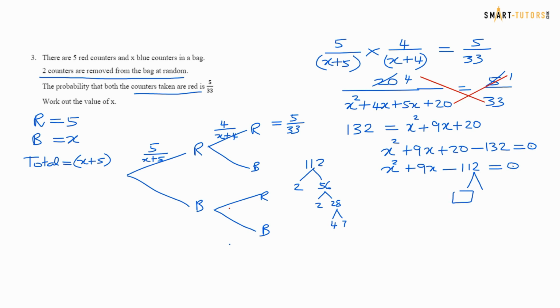I need to find the two numbers which multiply to give 112 and take away to give 9. So let's try: 8 and 14, no... yeah, I got it. 16 and 7.